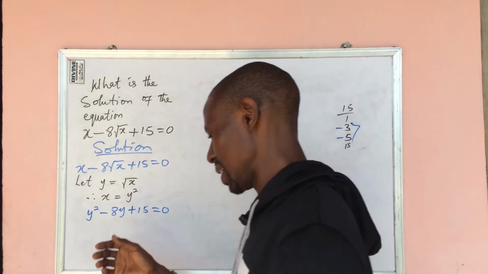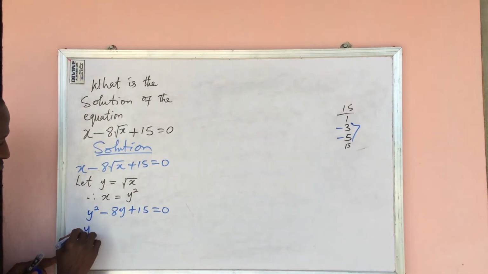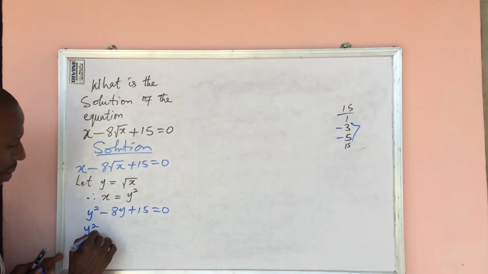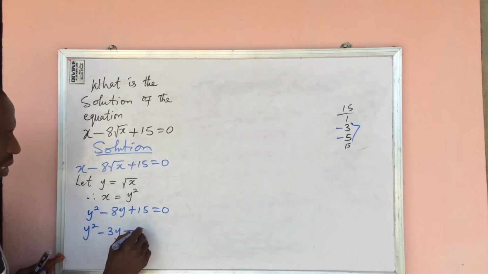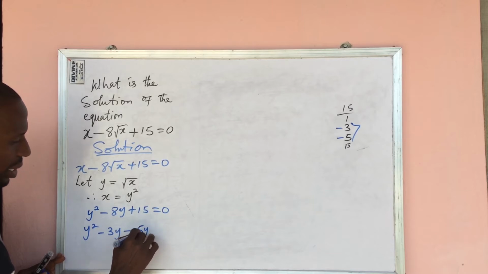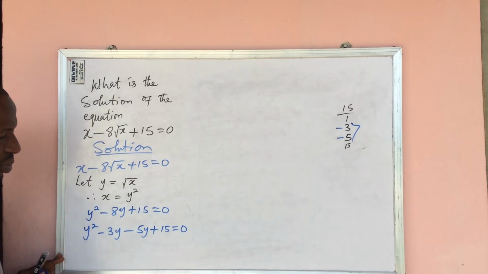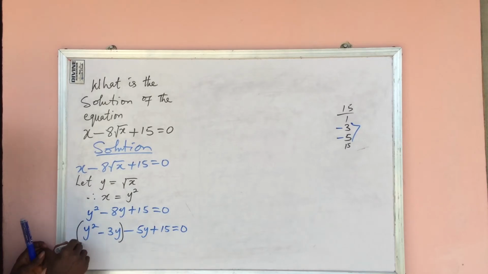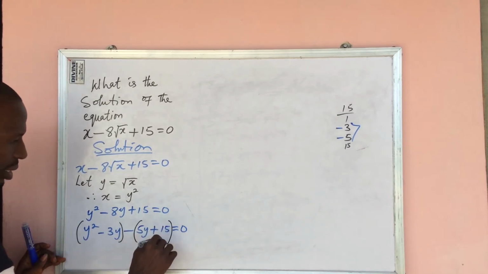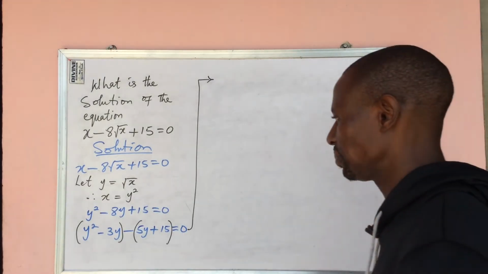So we input this into our system. This will now give us y squared minus 3y minus 5y plus 15 equal to 0. From here we can group the first two terms, then the second two.